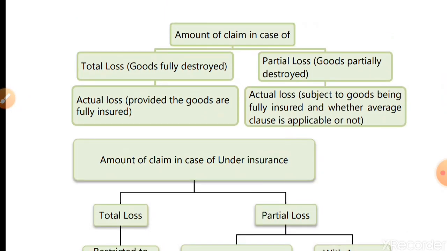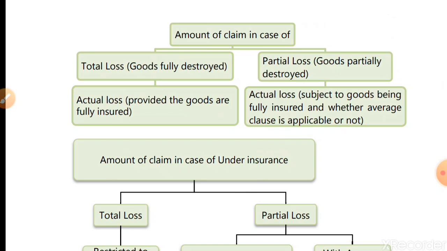Whatever stock you have in your premises, if the goods are fully destroyed, in such a case the actual loss, provided the goods are fully insured. Suppose you have a closing stock in your premises of 1,50,000 and you have taken an average stock policy worth 2 lakh.